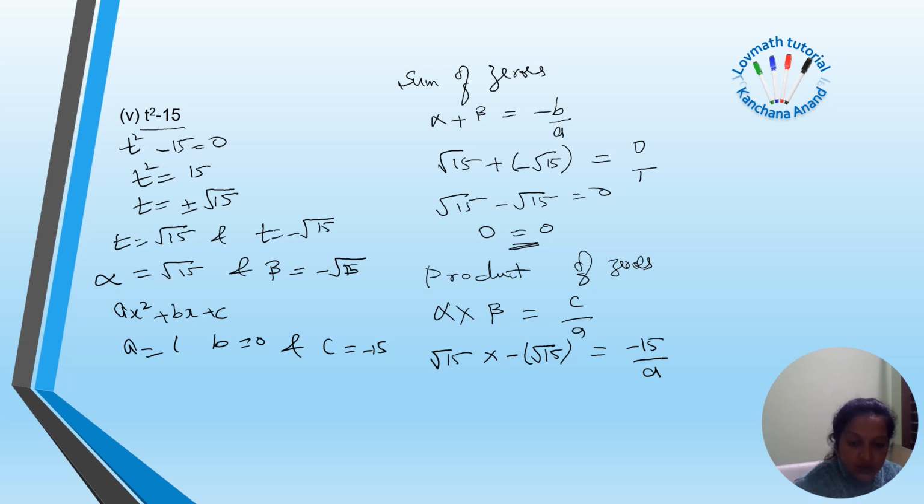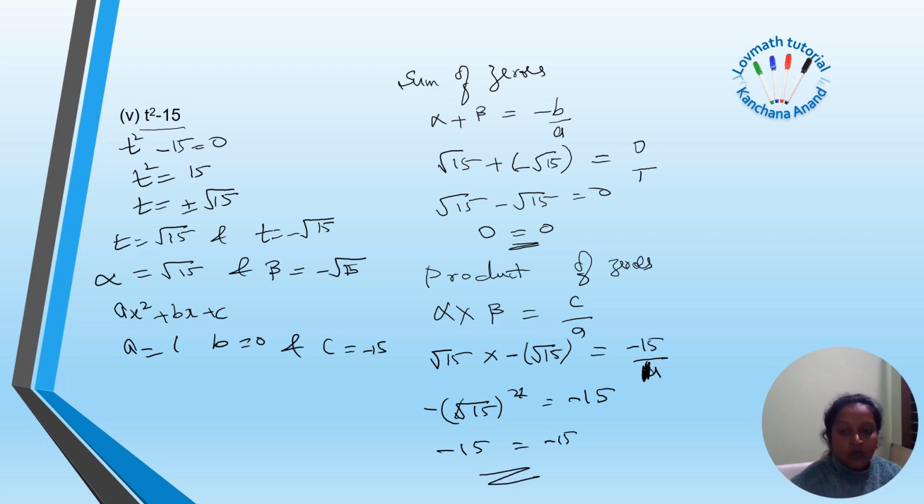Therefore, this becomes minus of square root of 15 whole square, and here a is 1, which is equal to minus 15. So cancelling the square with the square root we get minus 15 is equal to minus 15. So hence this is the verification of the relationship between the zeros and the coefficients.